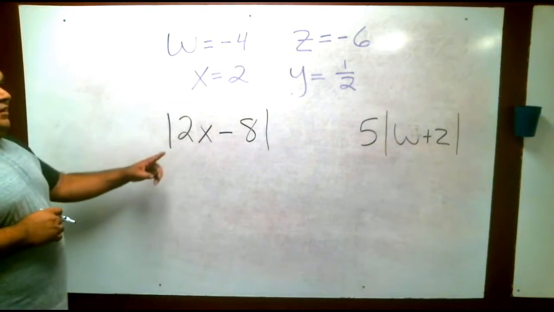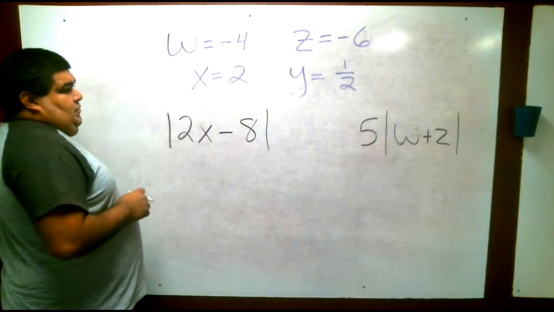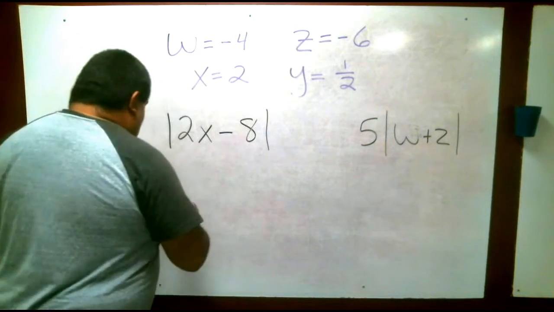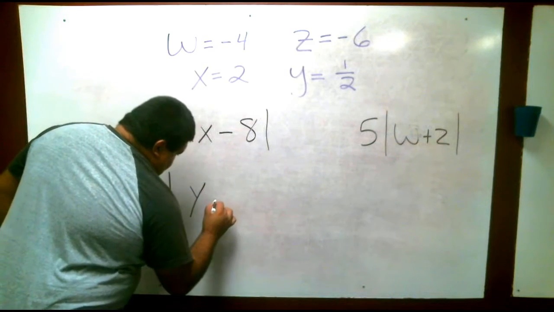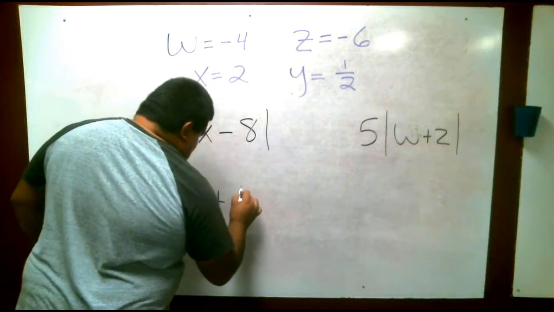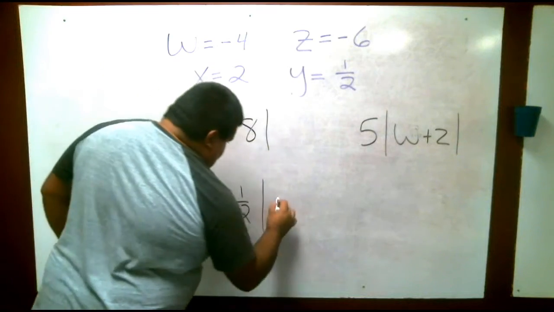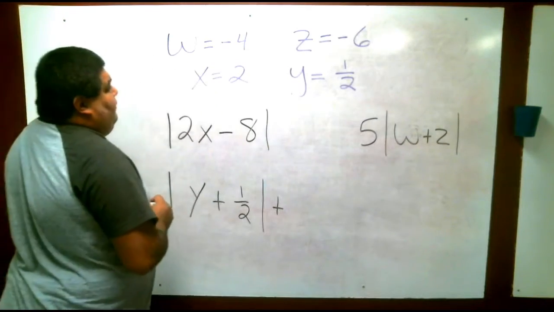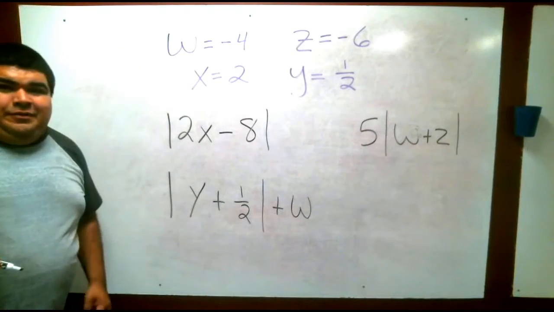I have X, I have Y, I have C. We need something with Y. Let's go with Y plus, okay, 1/2 absolute value plus W. Okay, that's the third one.